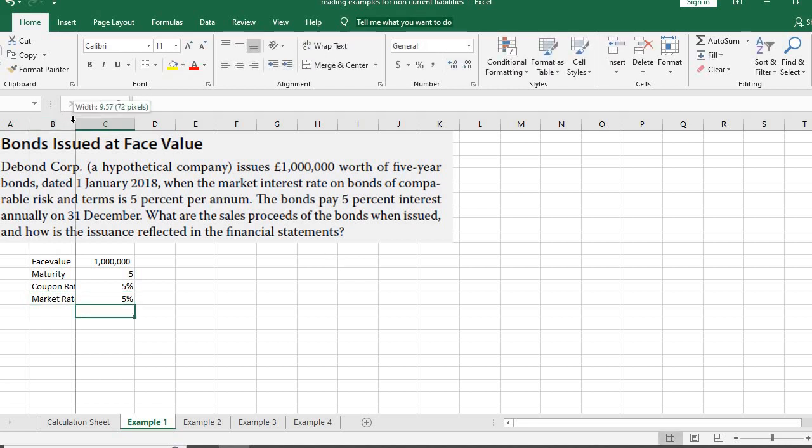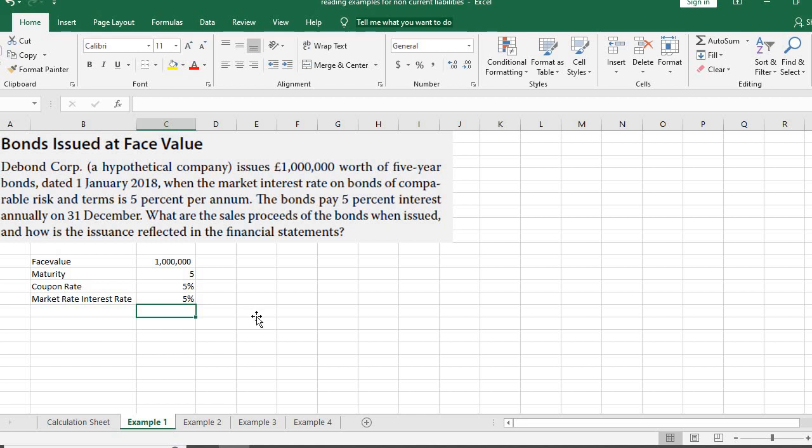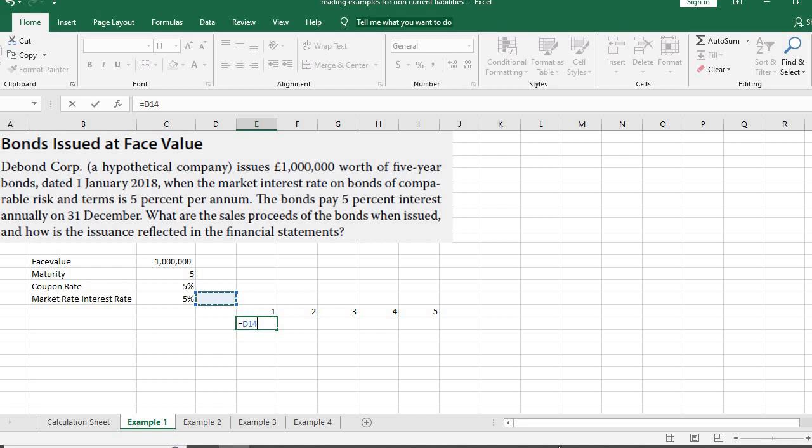We need to find out the sales proceeds at issuance and how it's reflected in the balance sheet. So we are going to build a timeline. For every year we are going to receive a coupon of 5% of the face value.